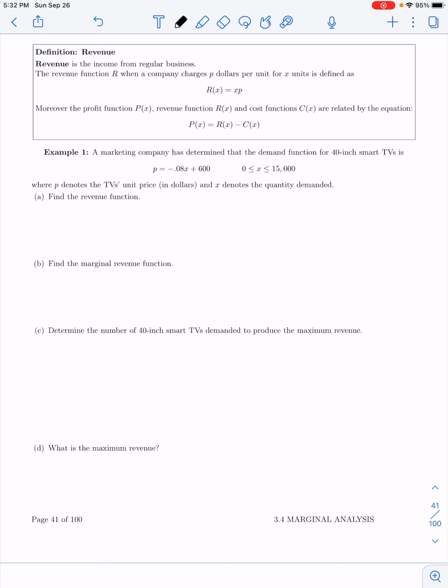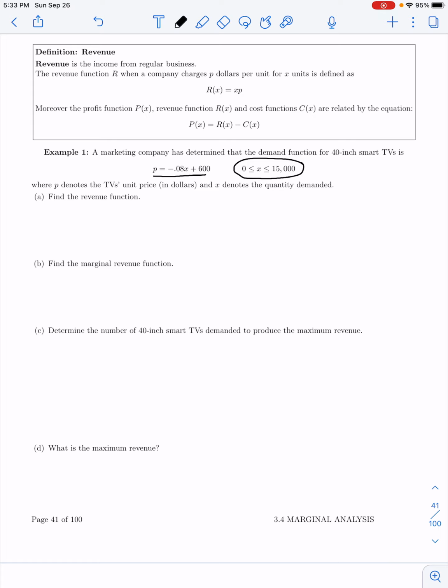So we have a marketing company that has determined the following function for the demand for 40-inch smart TVs, given by this demand function, P. And here we have this interval. We're not going to do too much with this now, but we're going to keep in mind they can only make between 0 and 15,000 TVs. So we're not going to say, hey, to maximize your revenue, you should make 45 million TVs every day.